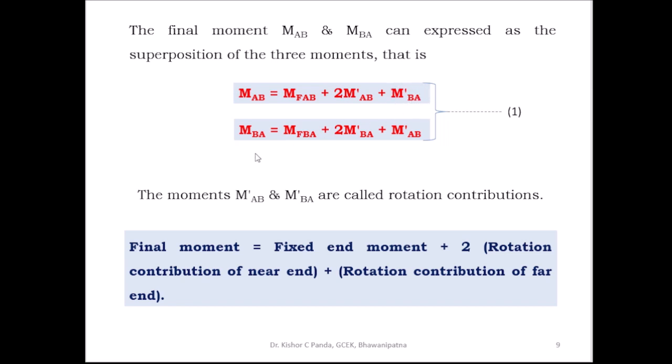Similarly, MBA is equal to the fixed end moment MFBA plus twice the rotation contribution of the near end plus once the rotation contribution of the far end. This is the expression, so by using this expression you can find the final moment.